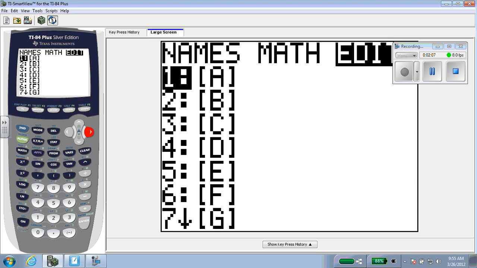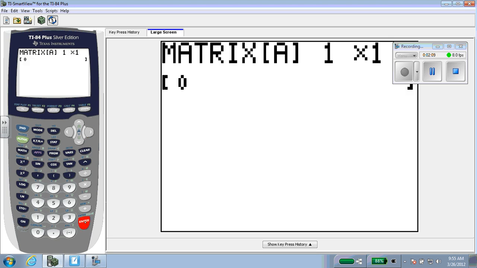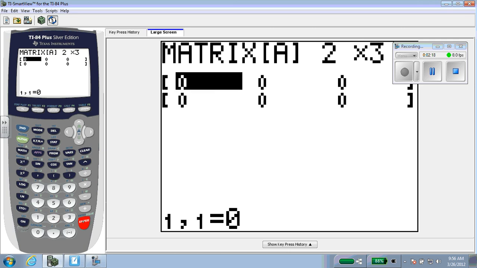Currently my matrices are all empty. I'm just going to choose matrix A. First thing it's asking for is the order. It's 2 rows, enter, 3 columns, enter. Notice it sets that up on the screen for us.